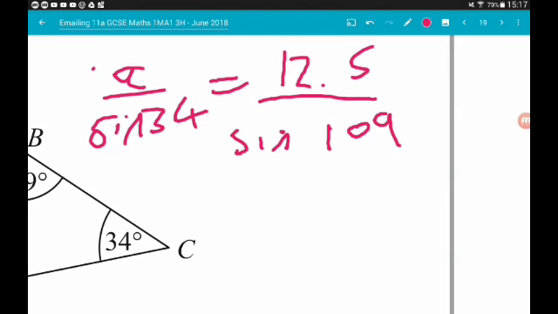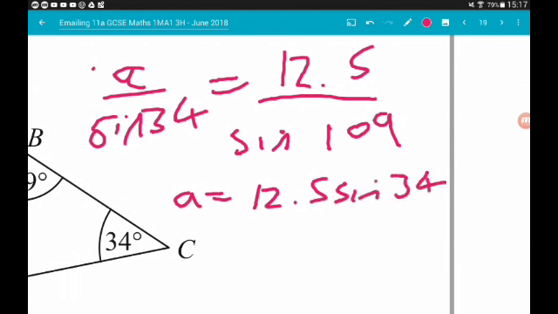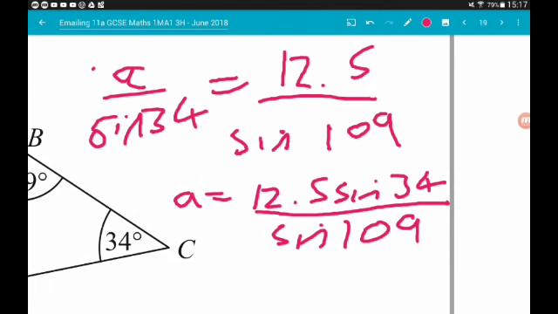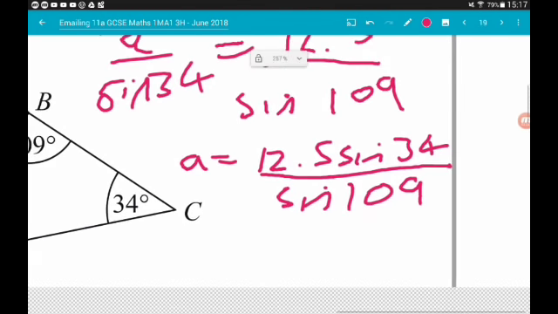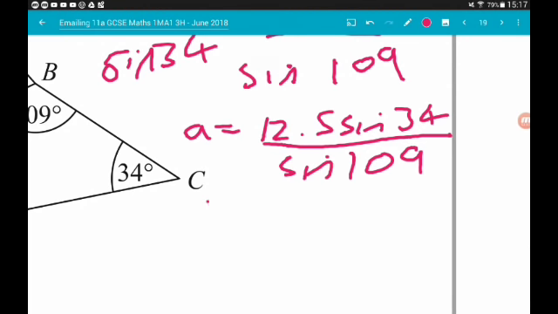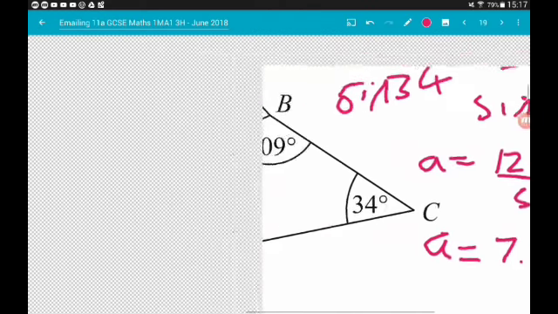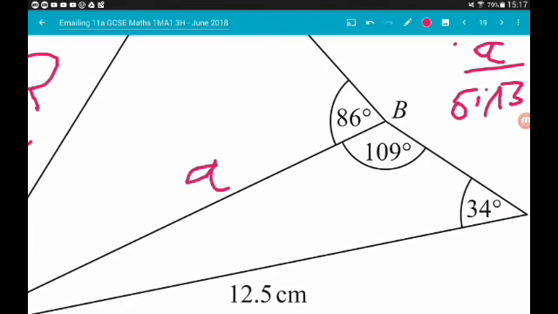So we get A is 12.5 sine of 34 all over sine of 109. Now if we put that into our calculators, we should get A is 7.39 centimeters.